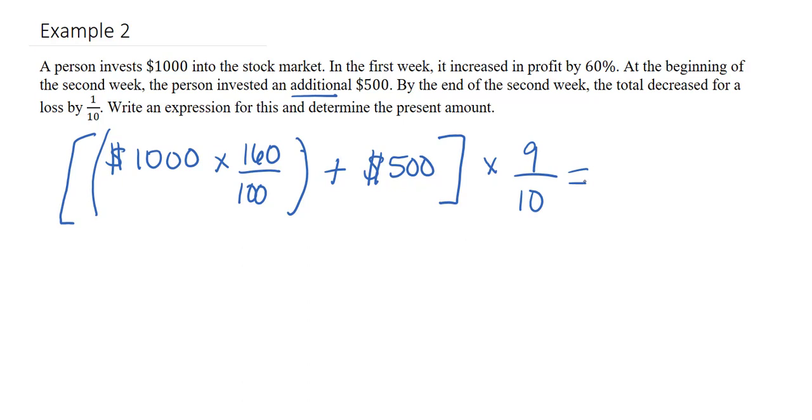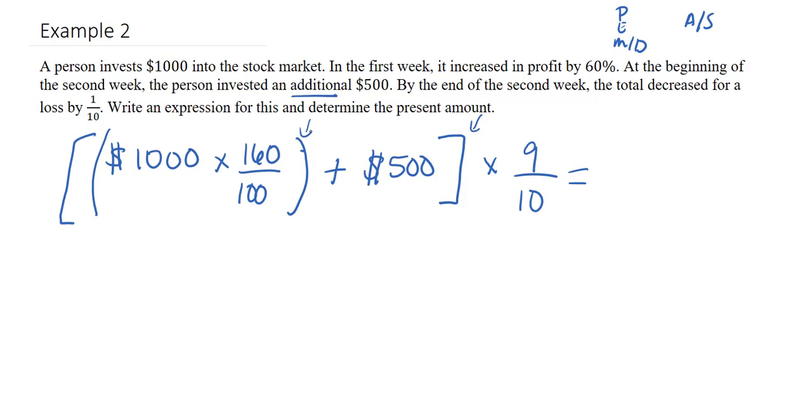Now let's solve. The first step would be to rewrite: P, E, M, D, and then A, S. We look inside the parentheses. There's a parentheses here and then another parentheses, so we go to the inner parentheses first. It's 1,000 times 160 over 100.